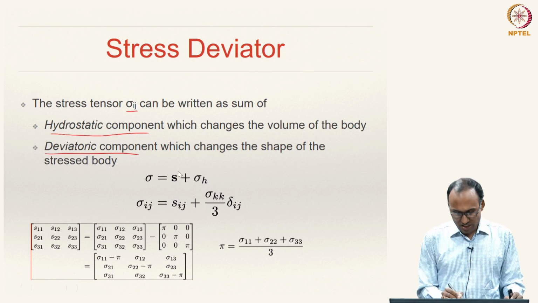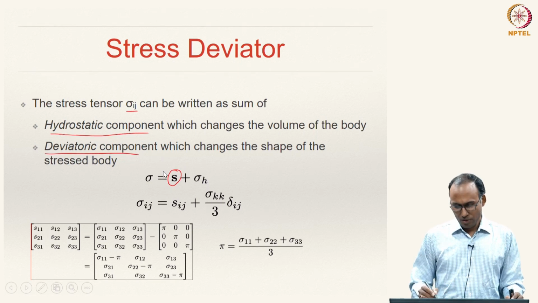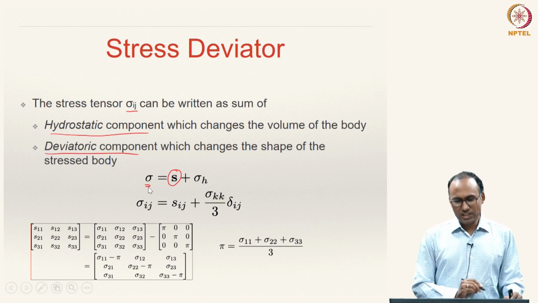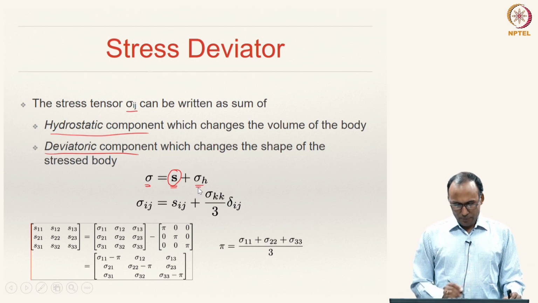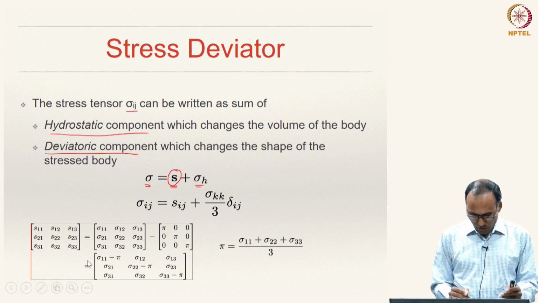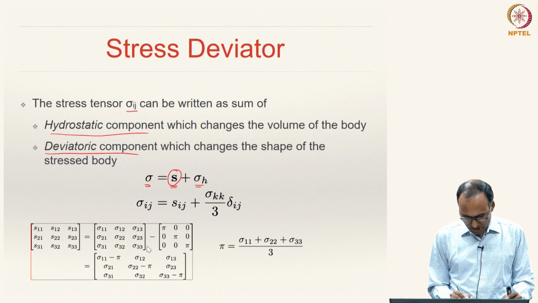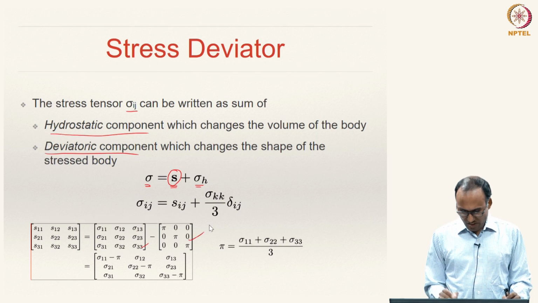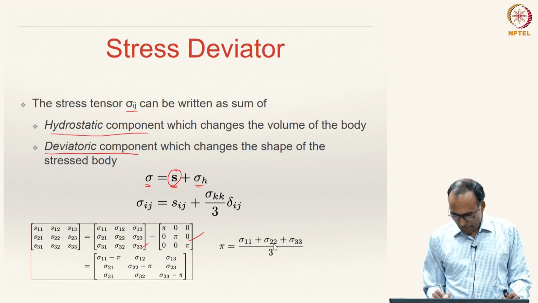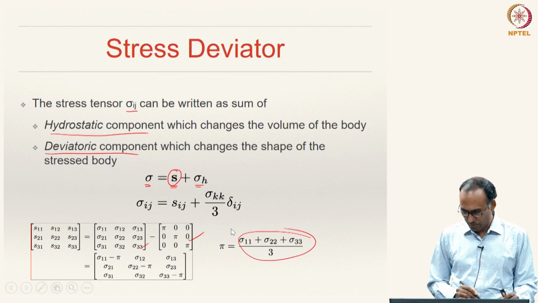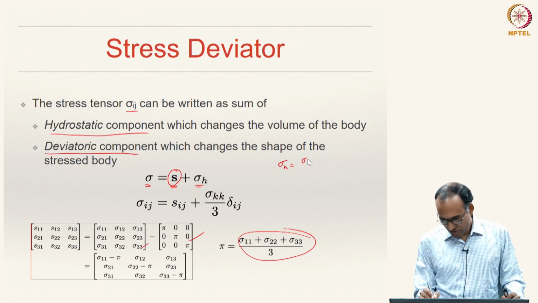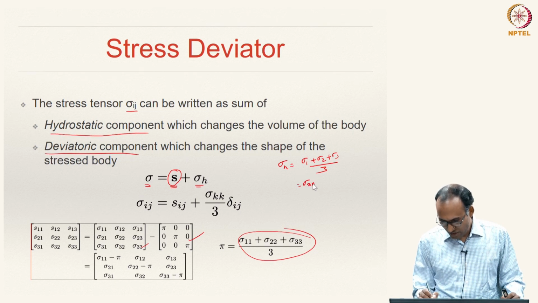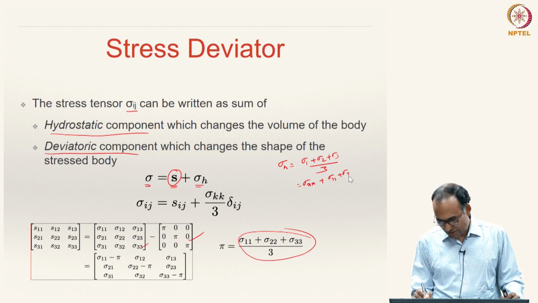The deviatoric stress tensor is usually represented with the symbol S. So, the full stress tensor sigma can be written as deviatoric stress tensor plus hydrostatic stress tensor, and so let us say the full stress tensor is sigma 11, sigma 22, sigma 33, this is our full stress tensor, minus this is the hydrostatic part, I am writing sigma h or pi, pi is basically sigma 1 plus sigma 2 plus sigma 3 by 3 or sigma 11 plus sigma 22 plus sigma 33 by 3. Please note that sigma h can be sigma 1 plus sigma 2 plus sigma 3 by 3 or sigma xx plus sigma yy plus sigma zz by 3, both are same.